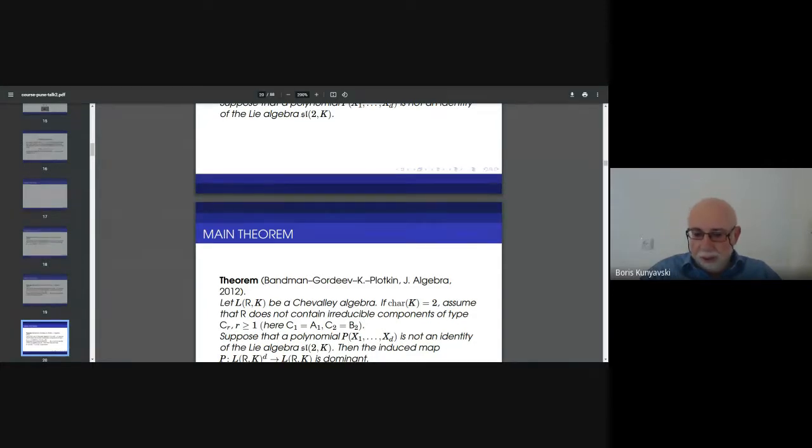In the group case, we started with the group SL2, and the first step, which was essential and not at all obvious, we used Tits' alternative or Platonov's theorem to show that there are no group words which are identically one on the group SL2. This was our starting point, and this starting point allowed us to proceed by induction.